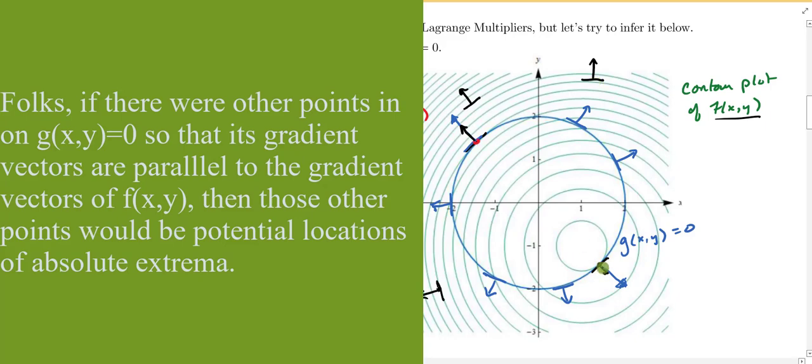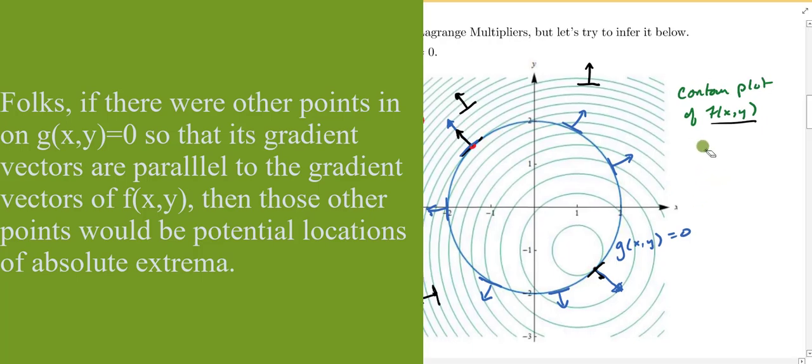So this gives us some insight for what we're going to do as we work through these problems. What we're going to do is set the gradient of f of xy to be parallel to the gradient of g of xy. Well, what does it mean for two vectors to be parallel to one another?